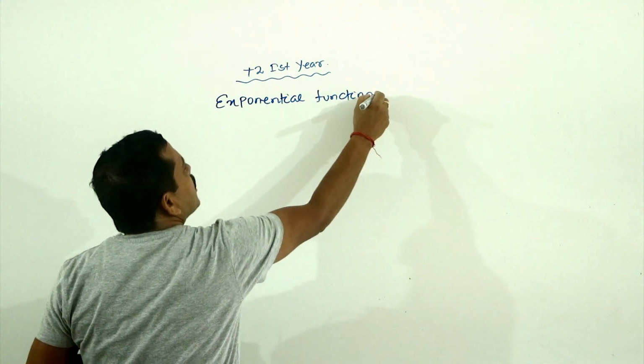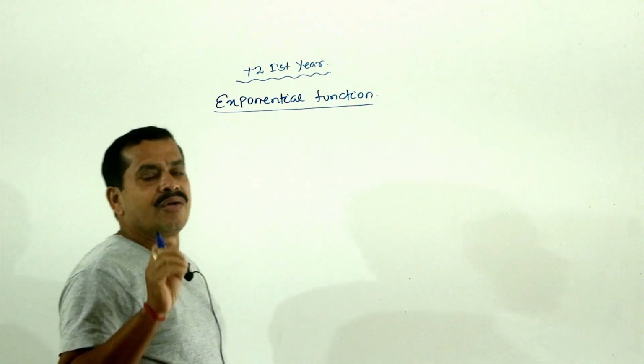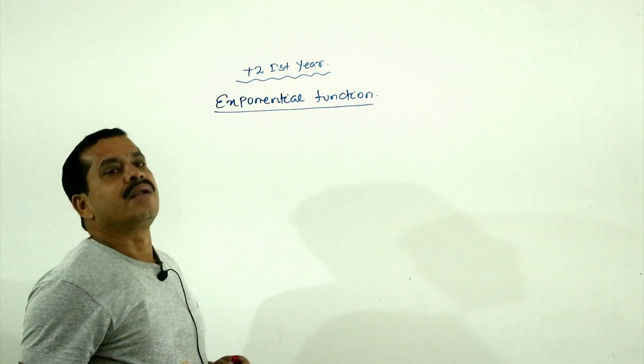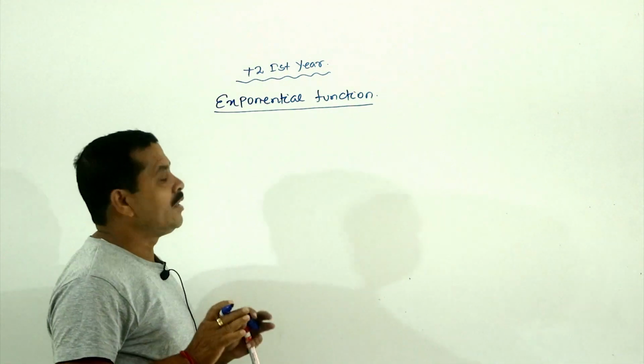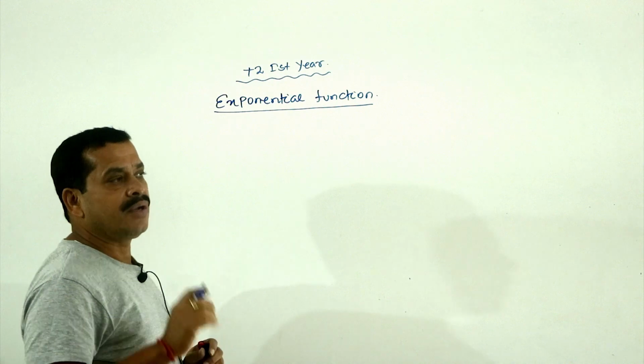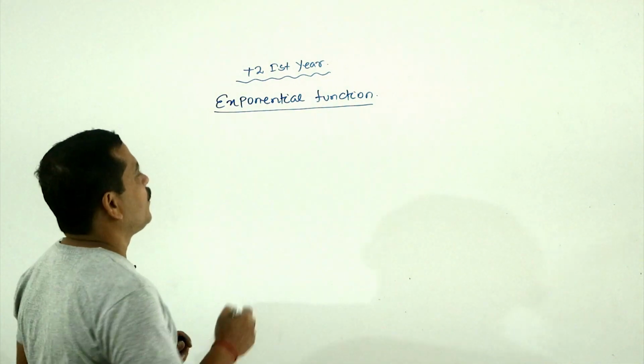What is exponential function? Just remember this, and read your book thoroughly, then you can learn more and your fundamentals will be clear. What do you mean by exponential function, and which type of function is called exponential function?